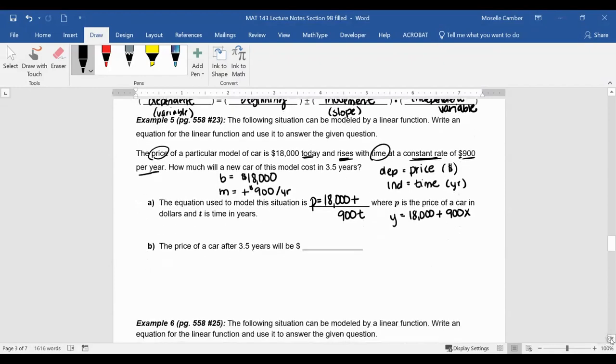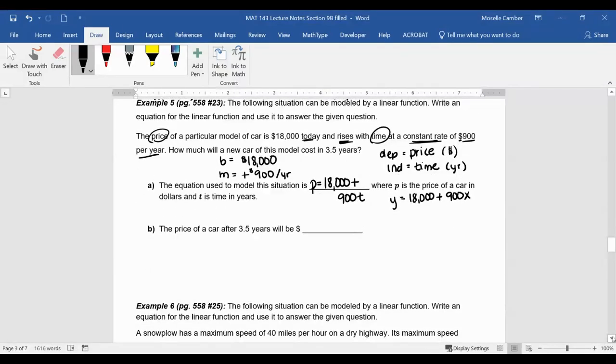Okay, now I can use this equation to figure out the price of the car after 3.5 years. Before, what we would have done is taken 3.5 years, multiplied it by our rate to figure out how much it changed, and then added it back on to what it was originally. Well, we're still going to do that. We're just going to do it all at once.